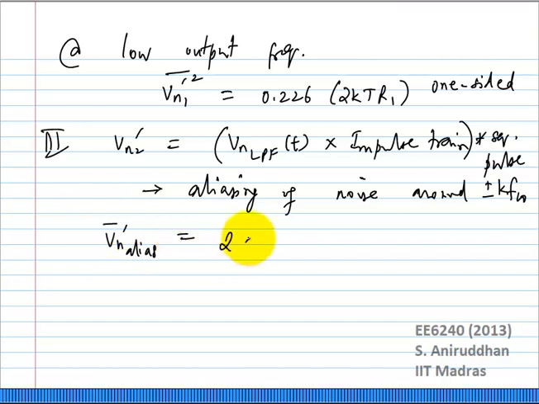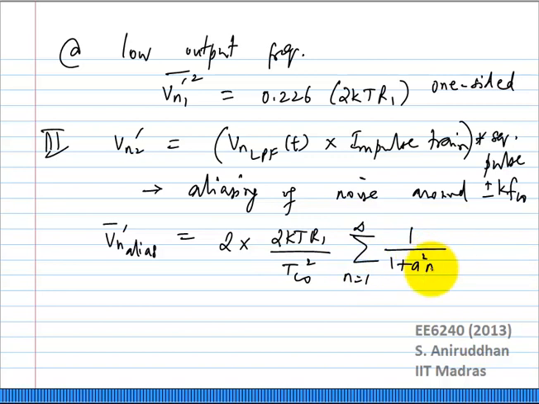this is nothing but 2 times, I am just giving you the final expression, I am not going through this, 2 kT R1 by TLO squared, sigma n equal to 1 to infinity, 1 over 1 plus a square n squared, where a is nothing but 2 pi R1 C1 FLO.